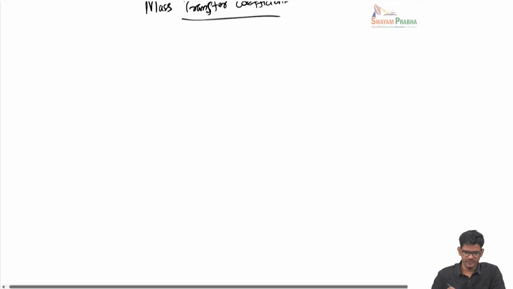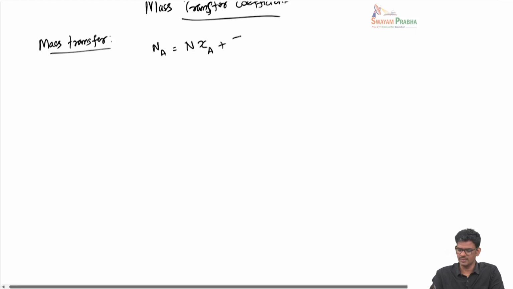So we'll start from very fundamentals. In mass transfer we write the flux is equal to the total flux times the mole fraction plus the diffusion flux JA.